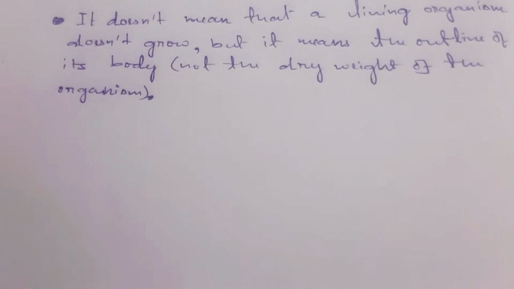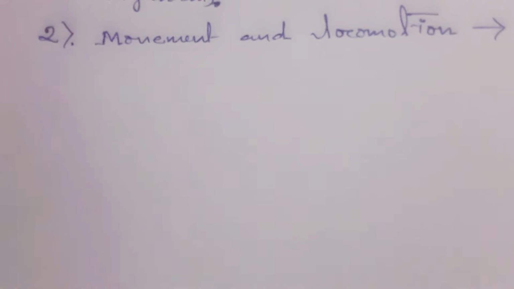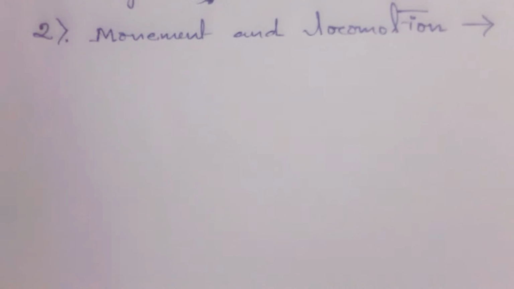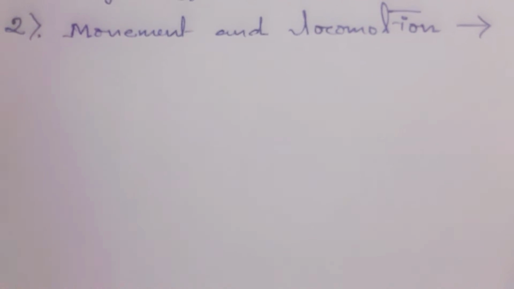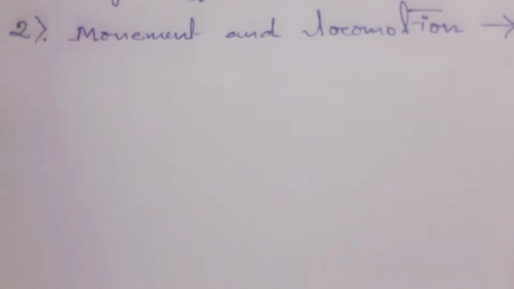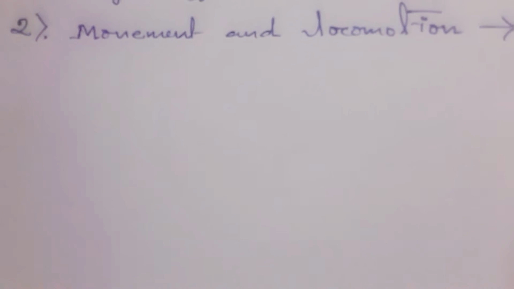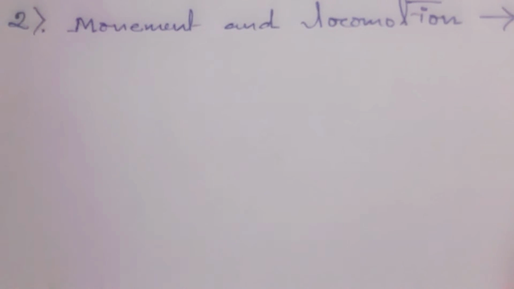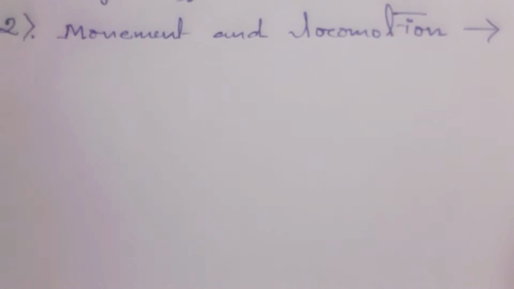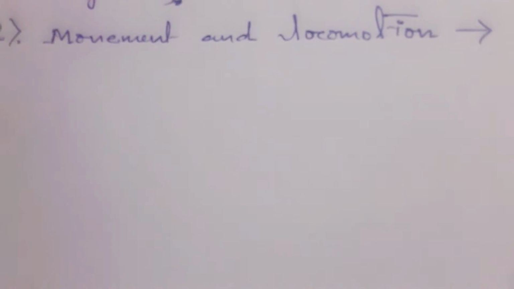Let's move to the next point, that is movement and locomotion. Now in movement and locomotion, we have two types of movement: in unicellular organisms and in multicellular organisms. In unicellular organisms, like the amoeba, we find that their protoplasm moves.